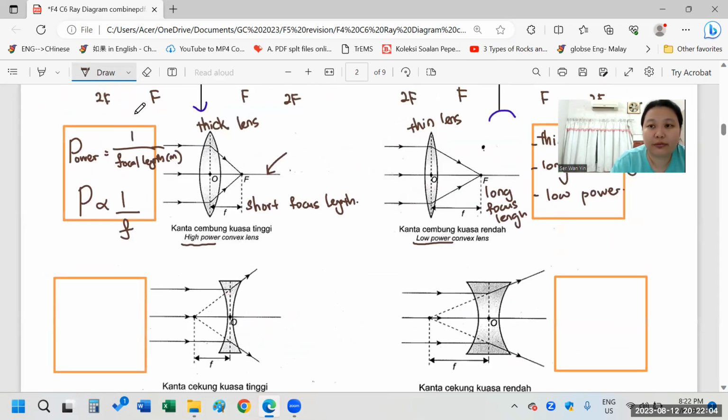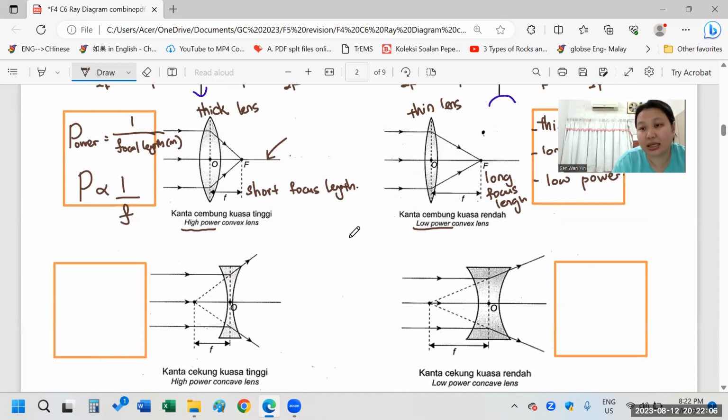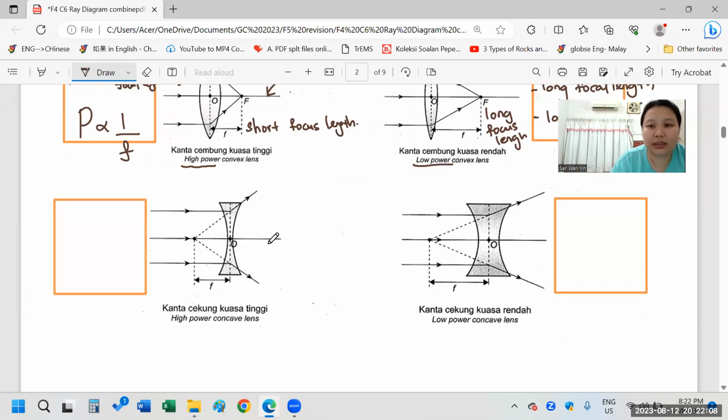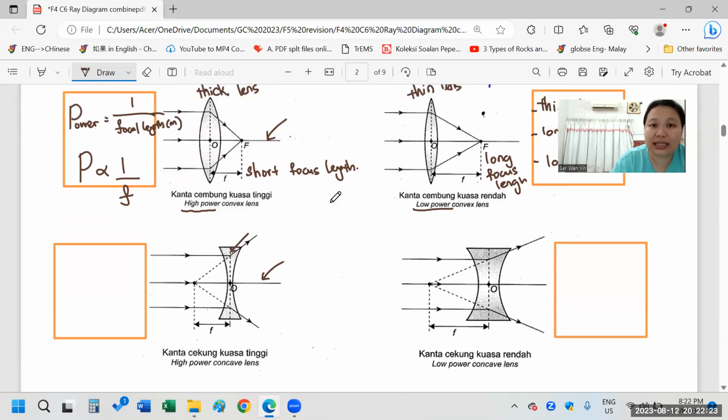Okay, so now this is for the convex lens, and here is for the concave lens. Same thing, we draw the principal axis first, then we draw the pole, then we complete the lens, and then you can see that since this line is convex, it means converge. Converge means they gather, they focus.